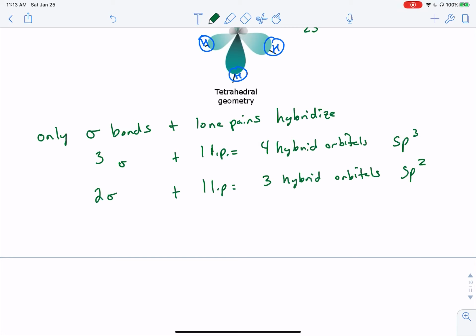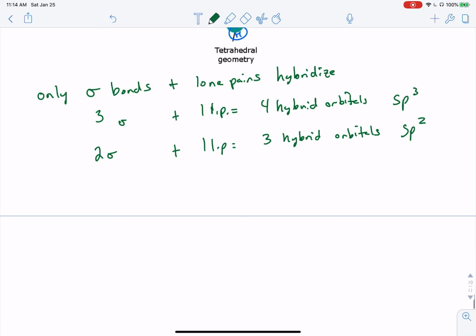So hybridization is specifically for an individual atom in the structure. When we say the hybridization of a molecule, we usually mean the central atom. I think, yeah, you answered your own question.